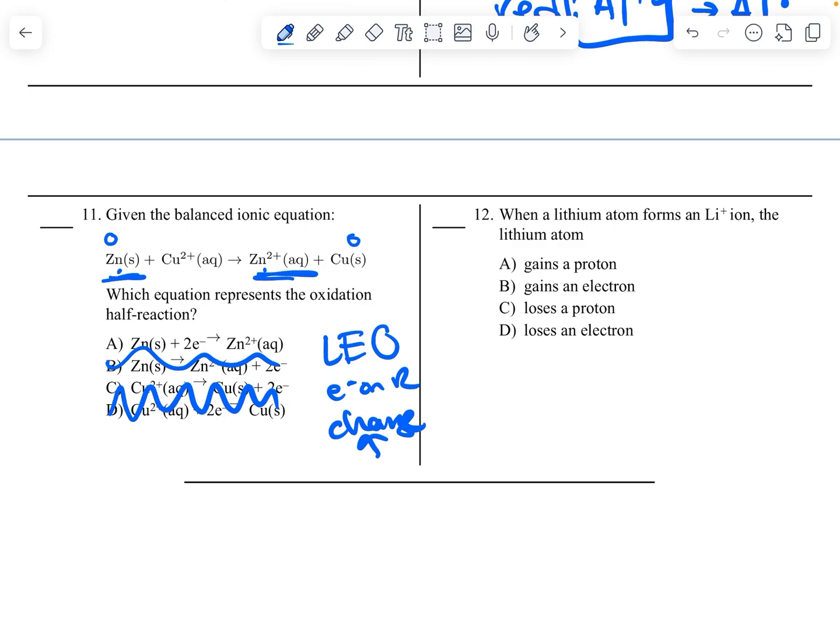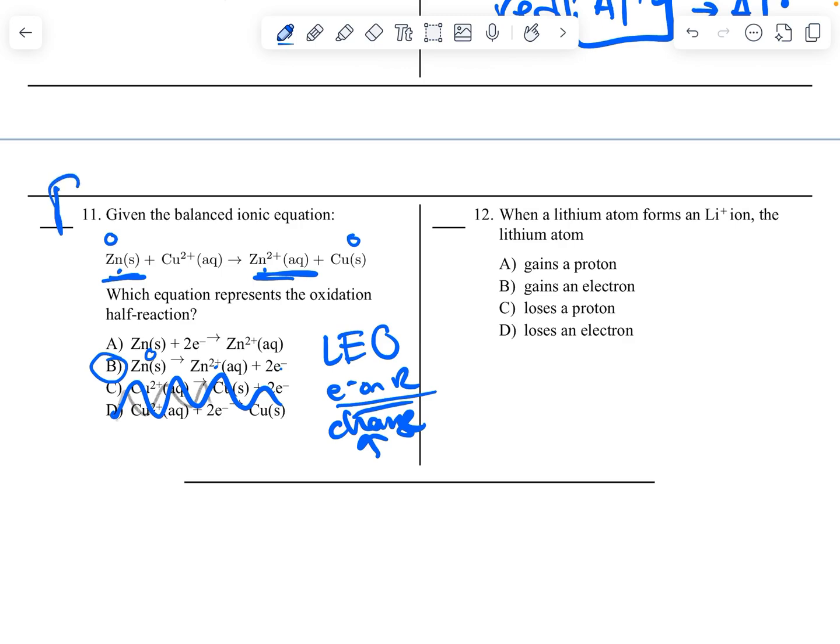Let's make sure this makes sense. So where did the electrons go? Is it either A or B? So if we're losing electrons, electrons are on the right, which means it has to be B, which it is. So yeah, then we have a 0 becoming a +2, and then 2 electrons are being given off.